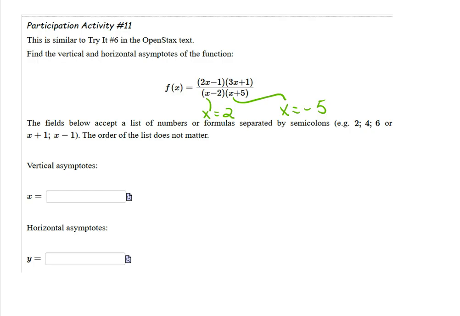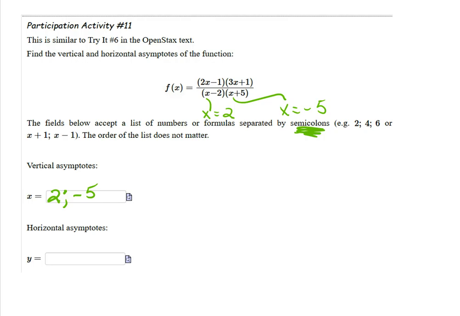Neither one of those has a common factor in the numerator, so those are both asymptotes. The fields below accept a list of numbers or formulas separated by semicolons. So I'd type in 2, a semicolon, and then -5. Those are my vertical asymptotes.